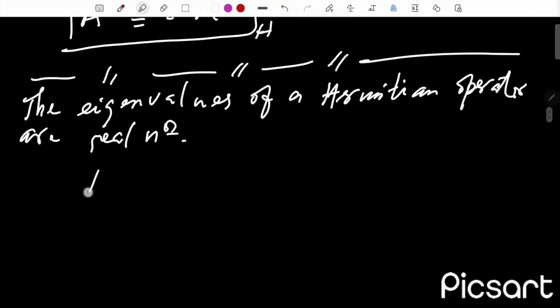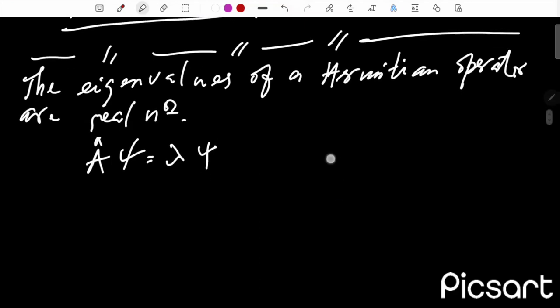Suppose now the A operator acting on eigenfunction psi is equal to lambda psi.